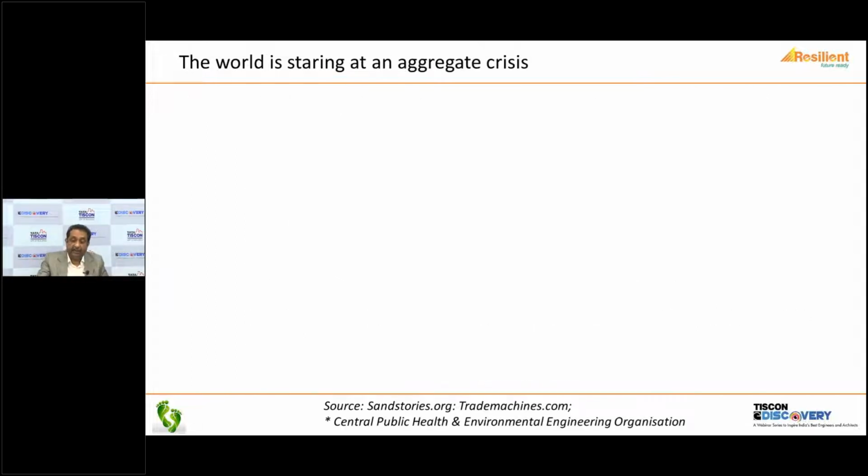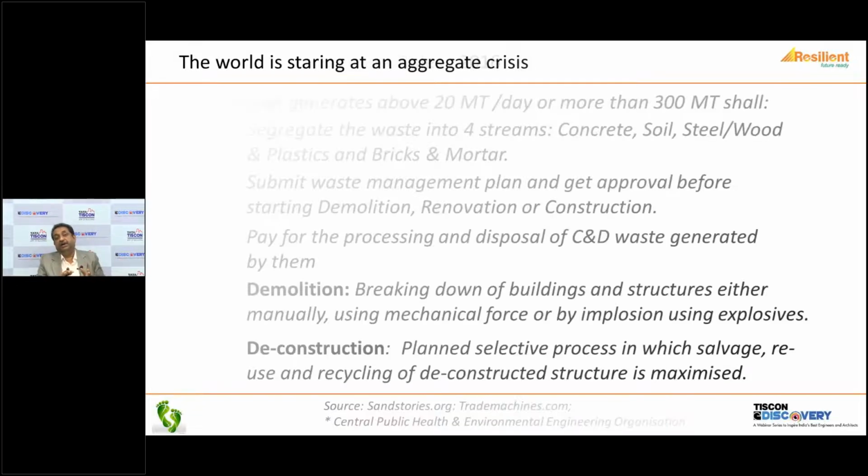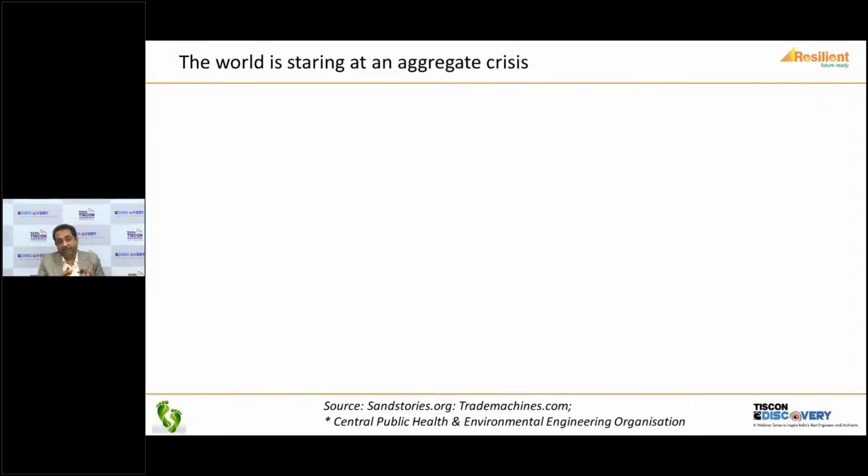construction waste. Now, coming back to this, on one side you have a lot of problem associated with C&D waste, and we have to address the problem. We just cannot allow business to go on as usual. But at the same time, the world at large is looking and staring at an aggregate crisis.